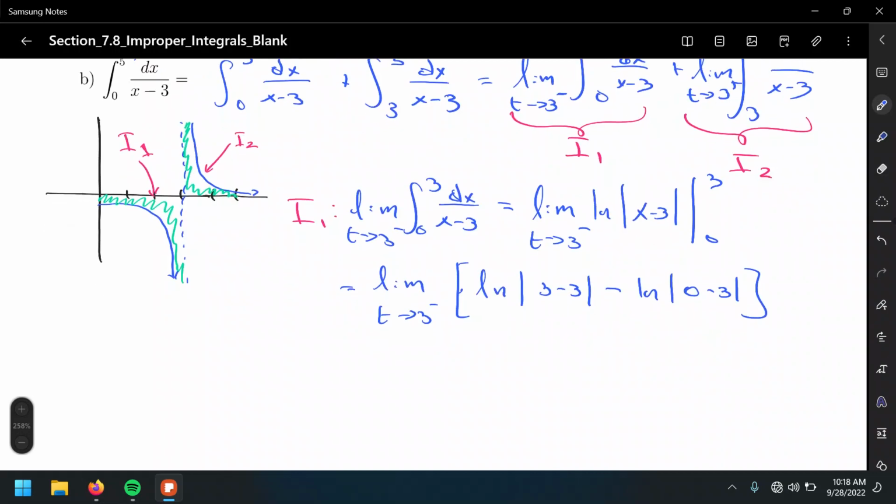Now, here is the issue. In this case, we're going to get ln of absolute value of t minus 3 minus ln of absolute value of negative 3. Well, ln of absolute value of negative 3, no worries, that's why we have this absolute value to turn it into a positive so we can evaluate the natural log. However, what's the natural log of 0?